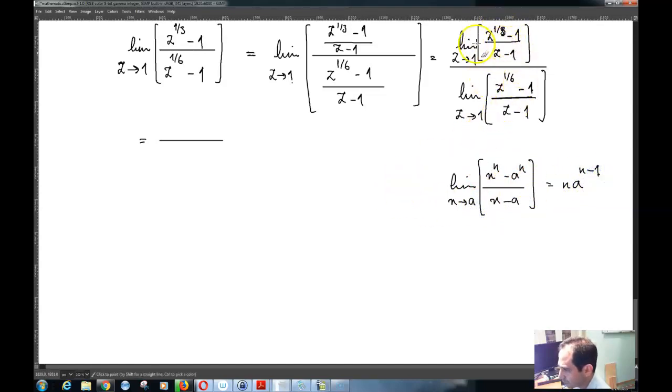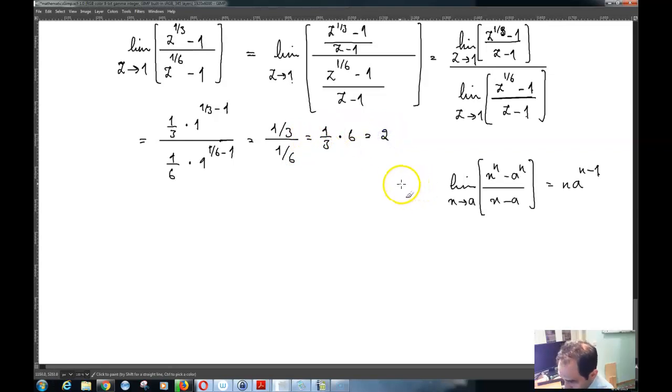So this is going to be equal to 1/3 times 1^(1/3 − 1), and the denominator becomes 1/6 times 1^(1/6 − 1), and that is equal to (1/3)/(1/6), which is equal to 1/3 times 6, which is equal to 2. Okay, that way you can solve the problem, and the answer is 2.